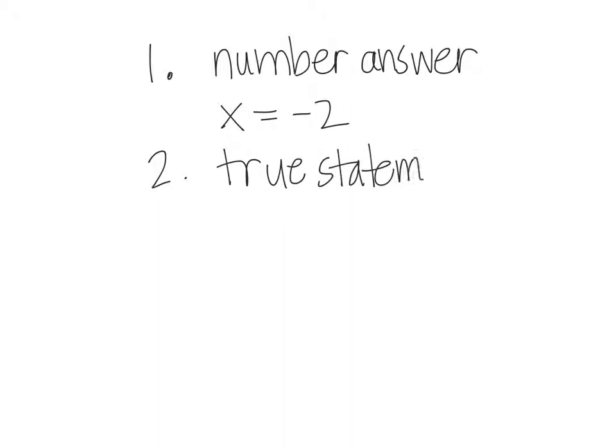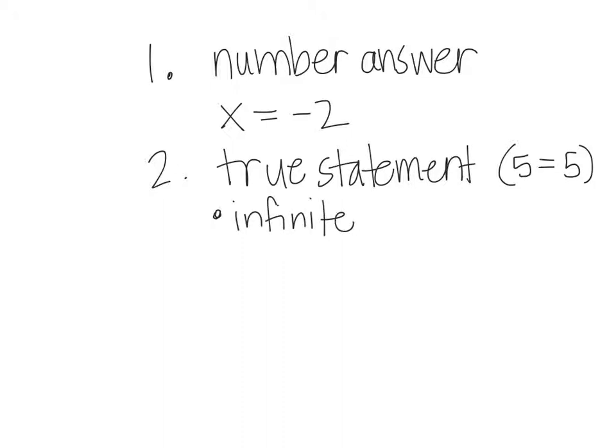A true statement would be something like 5 is equal to 5. If that's the case, your final answer is infinite solutions. Infinite, remember, means infinity, forever. There are millions of solutions to that problem.